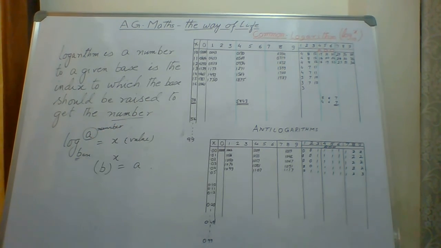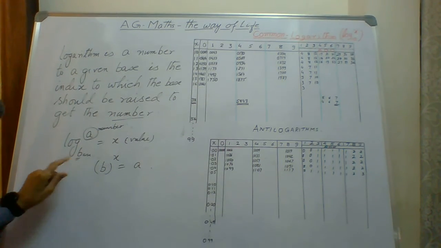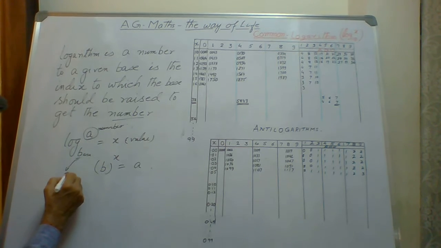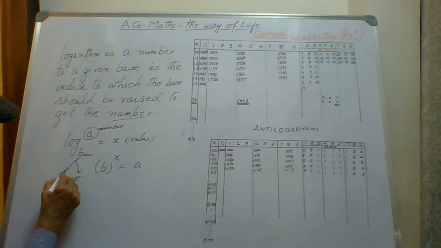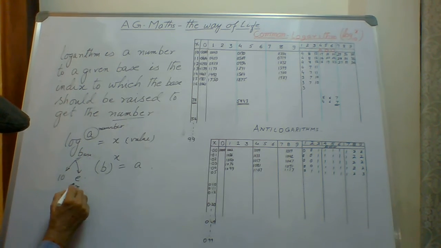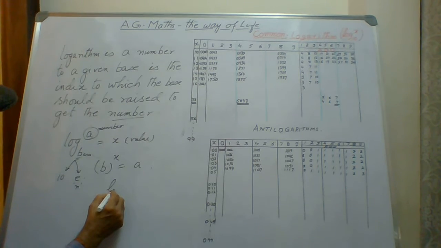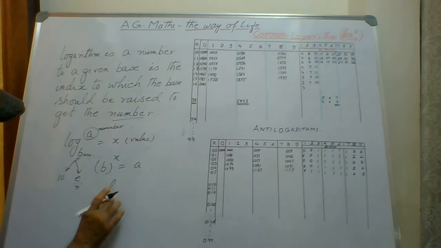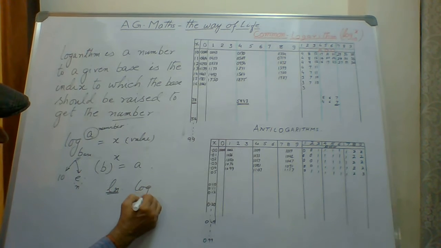You can note down, as per the definition, log of a to the base b, where the base can be either 10 or it can be e. We call it the natural logarithm, and then the logarithm will be written ln. Only ln we will write when the base is e.